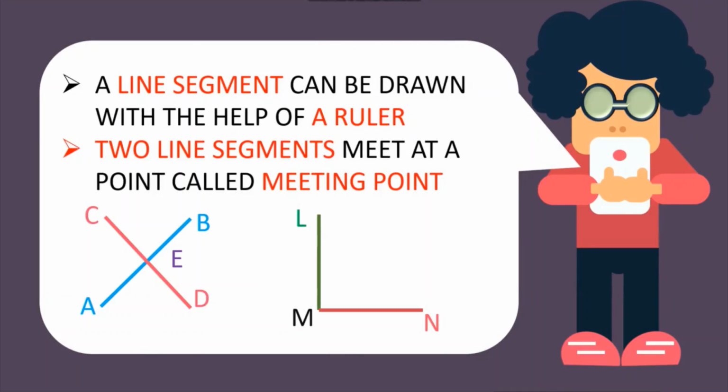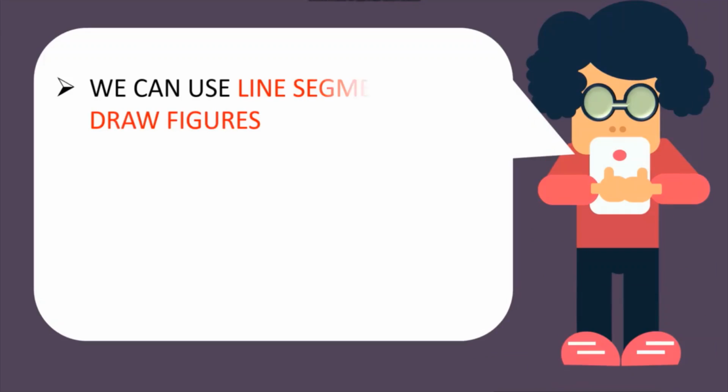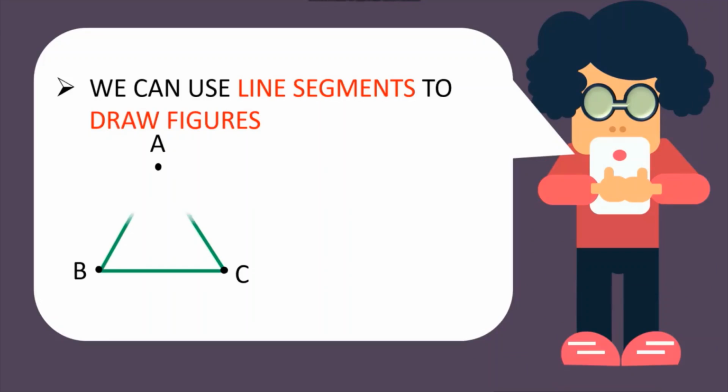Two line segments meet at a point called meeting point. Now you see here CD and AB are the two line segments and they meet at point E. The other one LM and MN are the two line segments and they meet at point M. Now we can also draw closed figures using line segments.